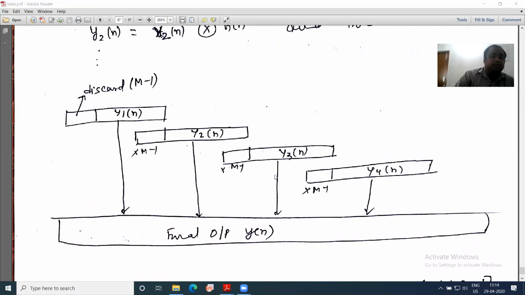The next set of data also has a first m-1 portion to discard, and so on.